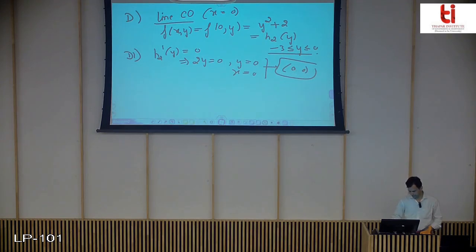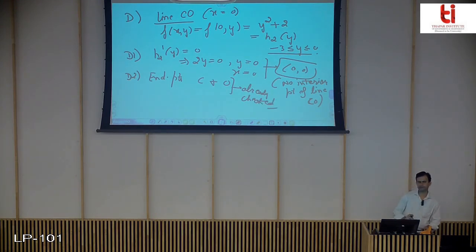Here in this line segment you don't get any interior point, so no interior point of line CO. Only in this line segment CO you do not get any interior point where you can have maxima or minima. The other points are endpoints P and O, both already checked. So this completes the first part of checking the extreme values.